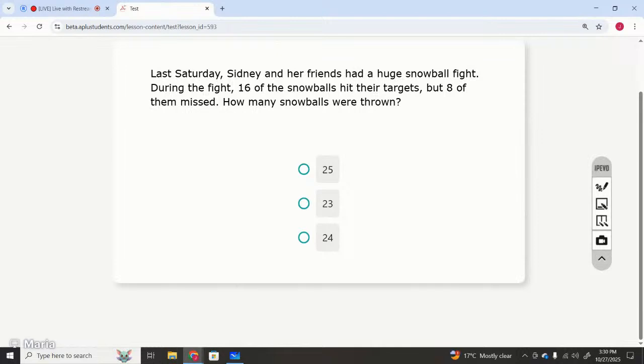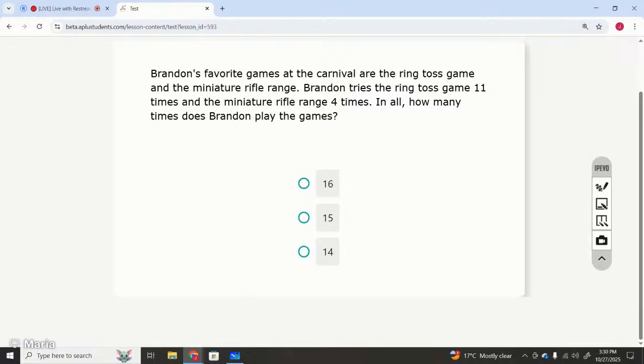That is 16 plus 8 is 24. Option number 3 is the correct option.